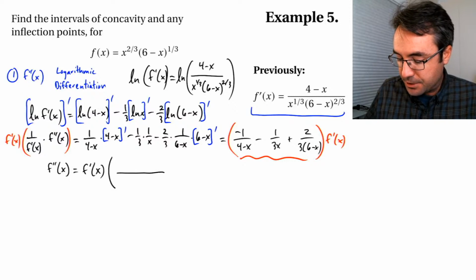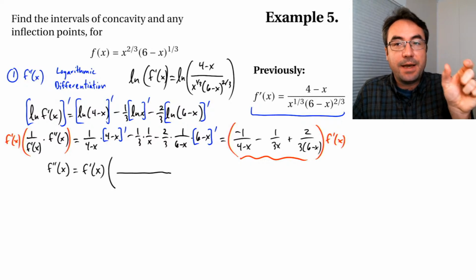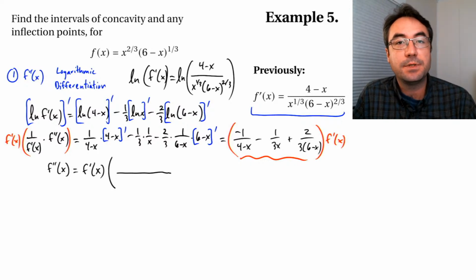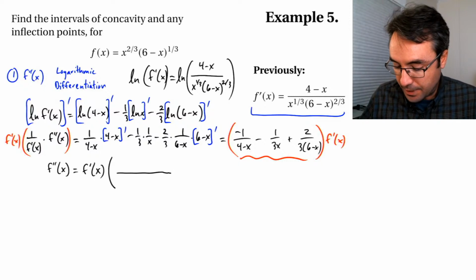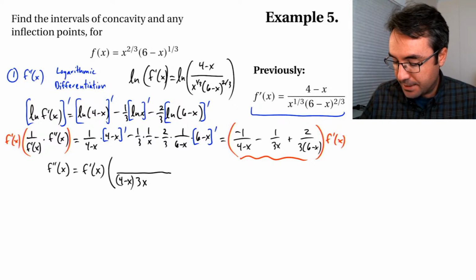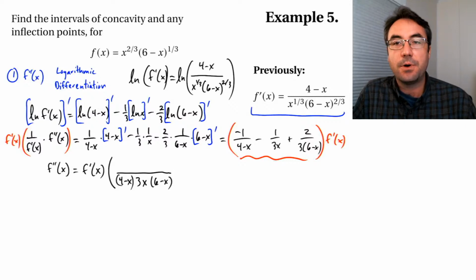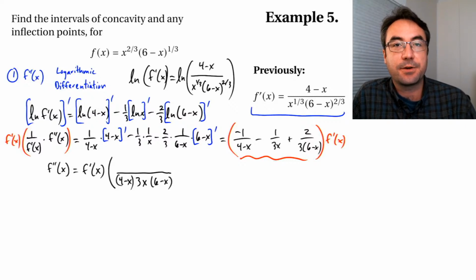For that first fraction, the common denominator, we can take the factors from each of our denominators that we have. So our common denominator, we want a 4 minus x, we want a 3, we want an x, and then we want a 6 minus x. So those are all of the distinct factors from our denominators.